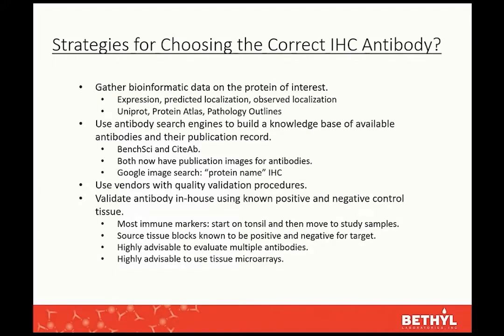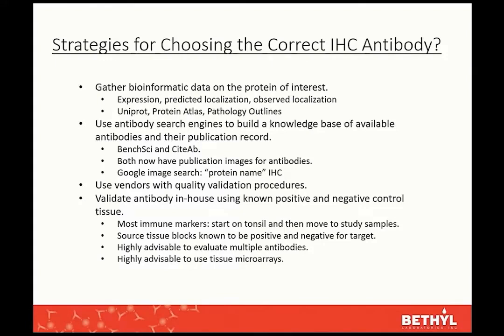We suggest that you use a search engine such as BenchSci or SciAb to let you know what antibodies are on the market, who they are sold by, and what vendor sells the clone. And both BenchSci and SciAb now have images from the actual publications that can show you researchers using those antibodies. And if you don't have access to BenchSci or SciAb, just do an image search on Google.